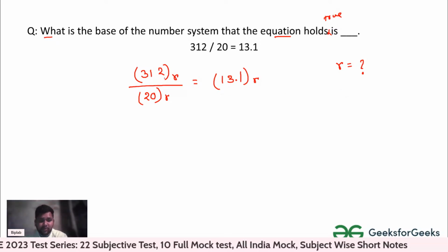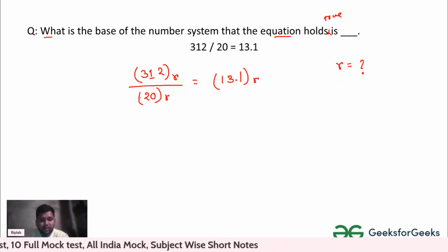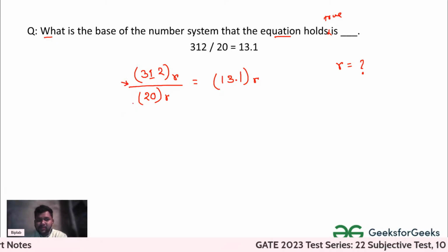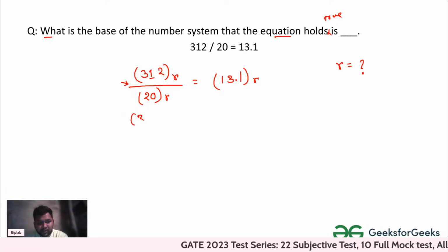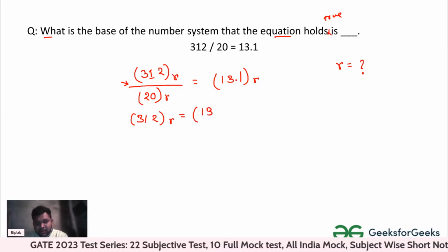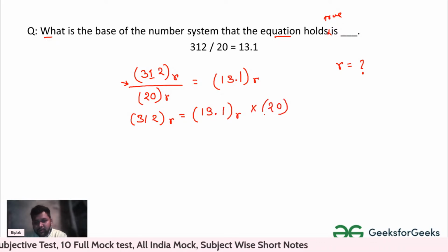Let's do it. If you don't like this division sign, I also don't like it, so let's convert it into a multiplication sign. 13.1 into r into 20 base r.